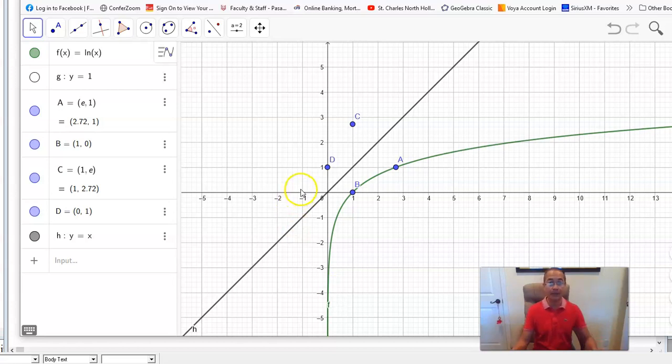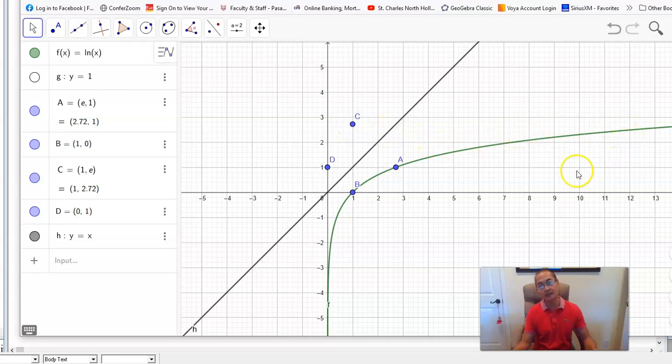As x goes to minus infinity, y approaches 0 from the positive direction. So this portion of ln of x will reflect to this portion of our inverse function. It's going to go this way. It's going to hit (1, 0). It's going to hit (e, 1).